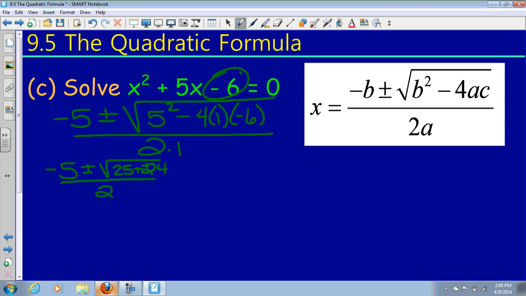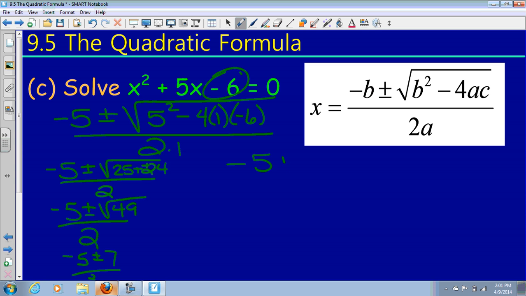All over 2. Negative 5 plus or minus the square root of 25 plus 24, which is 49, all over 2. Negative 5 plus or minus 7 all over 2.